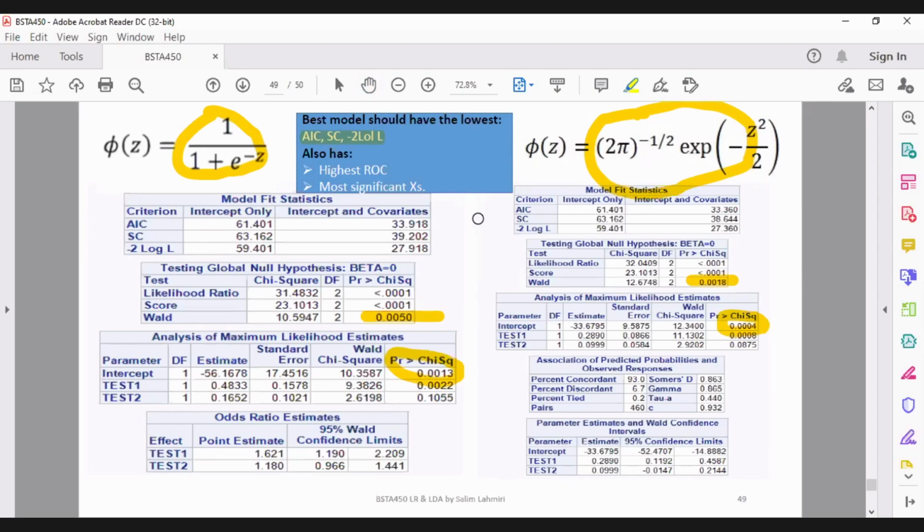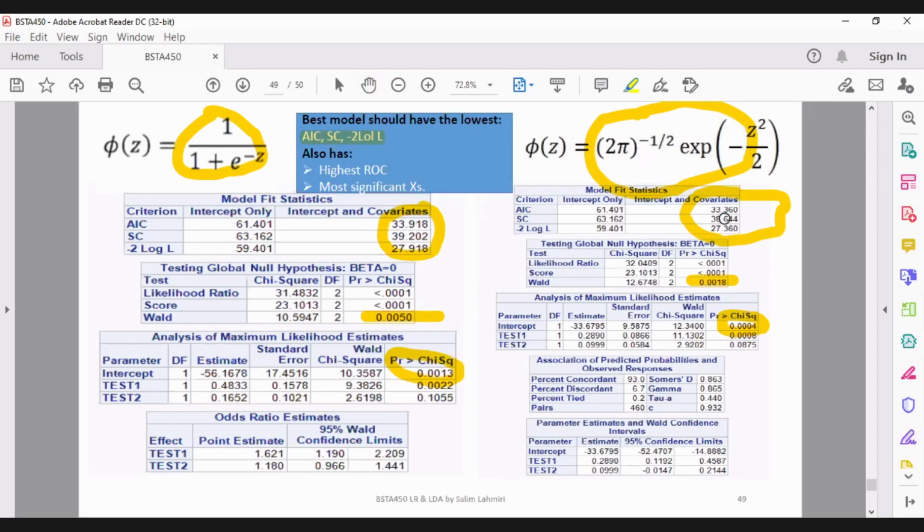Now we need to pick the best one. Let's look at Akaike, Schwarz, and -2 log likelihood. Look at intercept and covariates, meaning the model with intercept and x1, x2. The best one is the one with the lowest values. 33,918 versus 33,316.